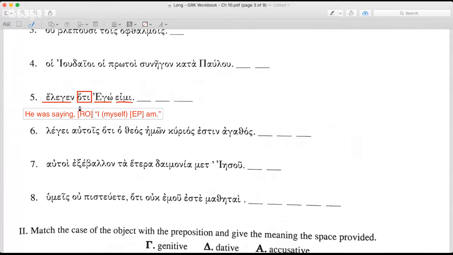It's not a content clause. Basically, this is becoming your punctuation here. What's the last one? Direct discourse. Yep, there's direct discourse, indeed. And the mere presence of the recitative hoti is denoting direct discourse.